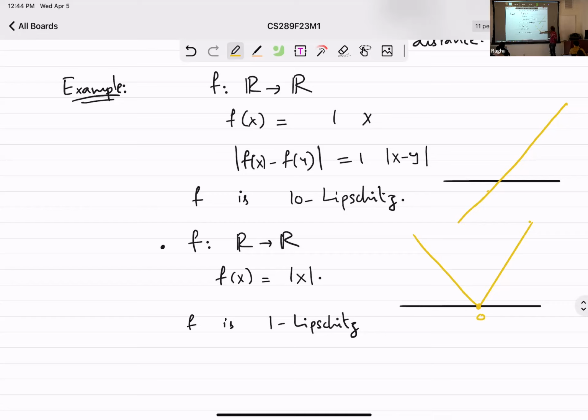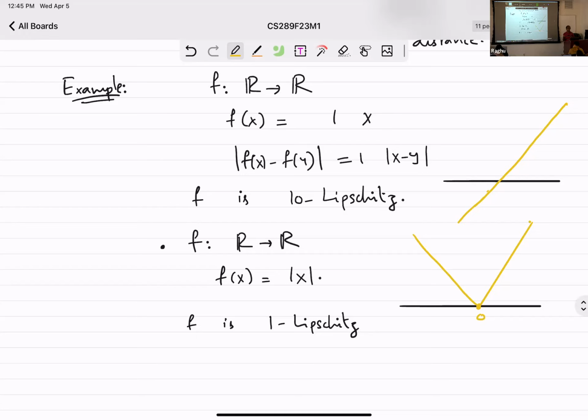Here, when you're near 0, when it changed from something like minus 0.1 to plus 0.1, the function value didn't change much. In fact, it's the same function value. But what happened to the gradient? It went from 1 to minus 1. The small change in the input caused a big change in the gradient of the function.